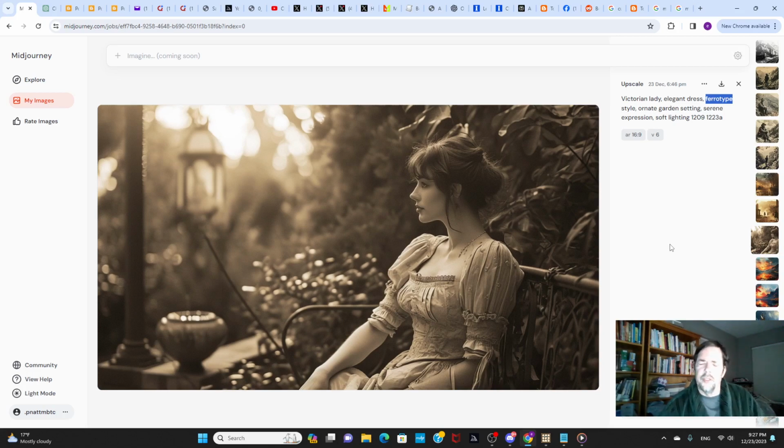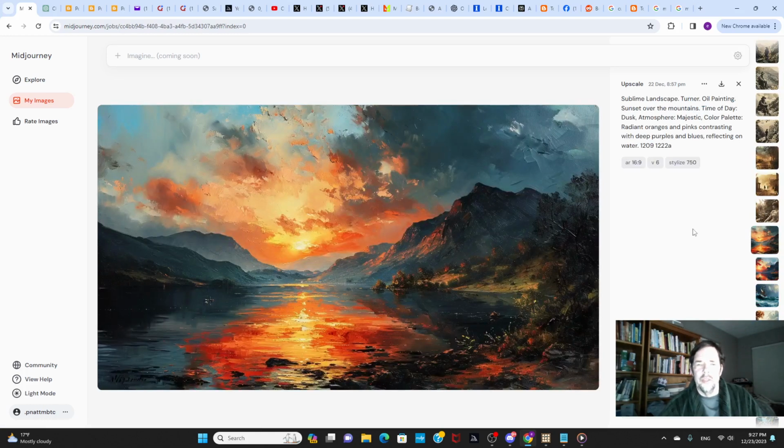And I thought it was an interesting choice for the daily theme because I don't expect that 6.0 would be particularly better at this sort of image than version 5, because I've done these with version 5 and they turned out about the same. But something that I found very, very much better with 6.0 were certain types of paintings.